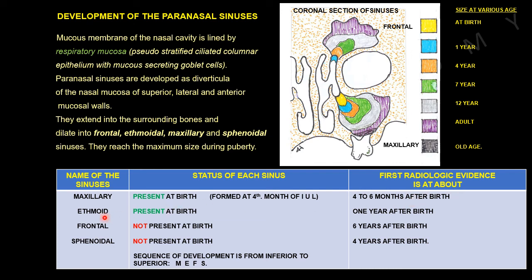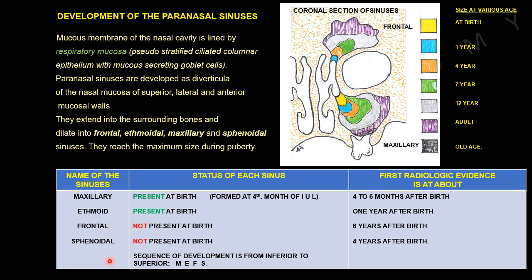Ethmoidal sinus is present at birth. First radiologic evidence is at about 1 year after birth. Frontal sinus is not present at birth. First radiologic evidence is at about 6 years after birth. And sphenoidal sinus is not present at birth. First radiologic evidence is at about 4 years after birth.